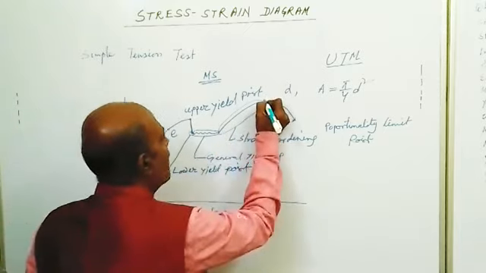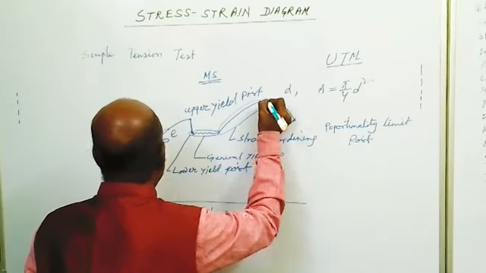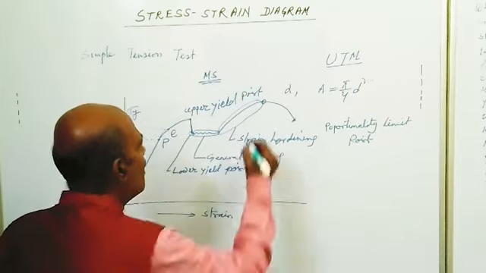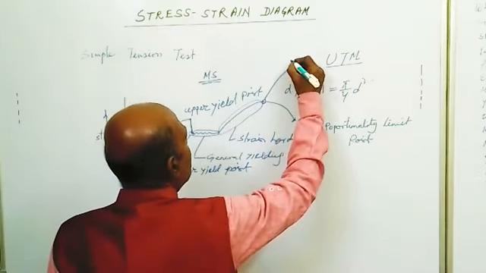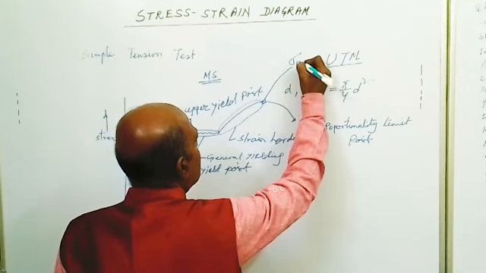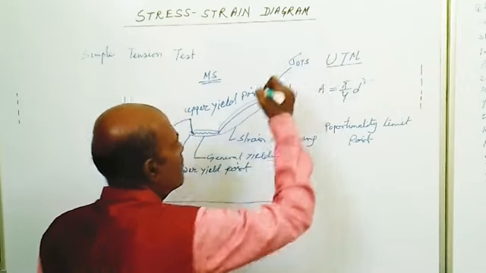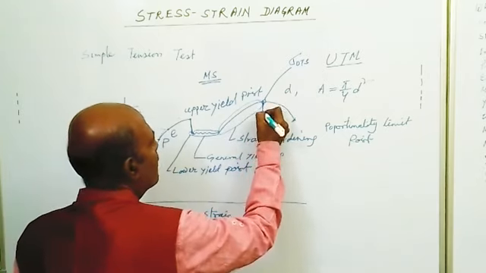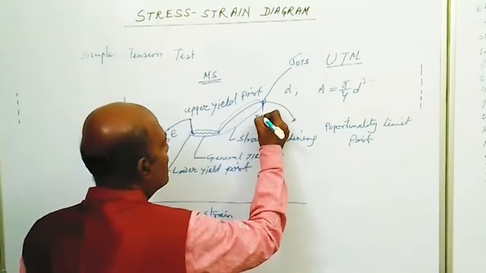And this is the maximum stress which is seen in this curve, and this is called the ultimate tensile stress, that is sigma UTS. Thereafter, at this point, a phenomenon called necking takes place.